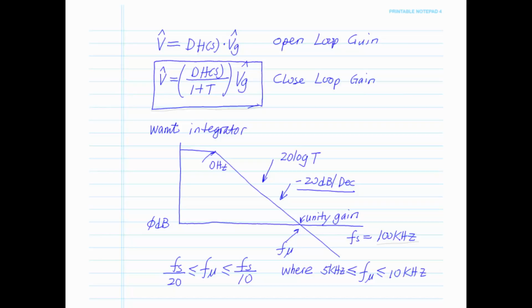And that's where we're going to start, basically, is to have the loop gain unity gain frequency at 0 dB. So that's ultimately what we're trying to achieve. And I'm sorry, this was, of course, the switching frequency would be 100 kilohertz. Okay?